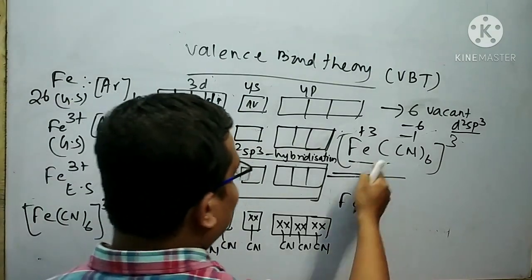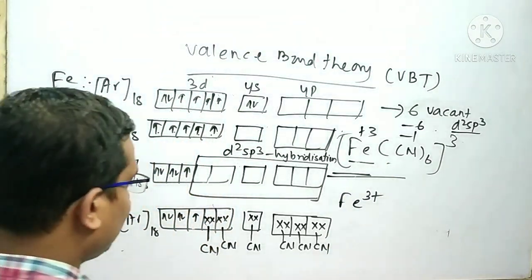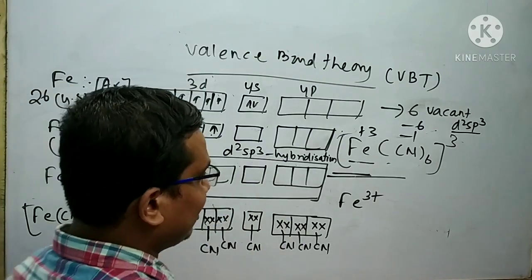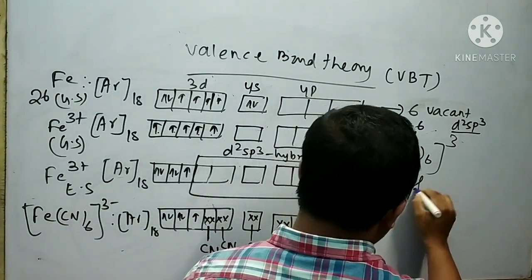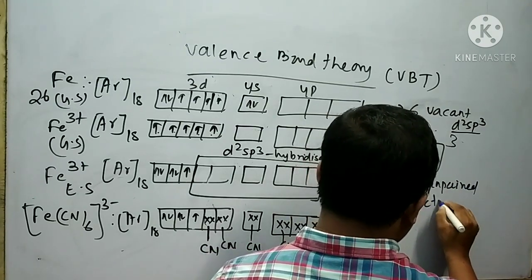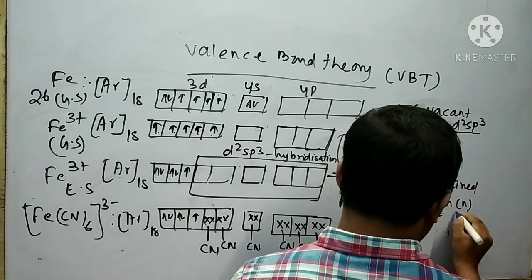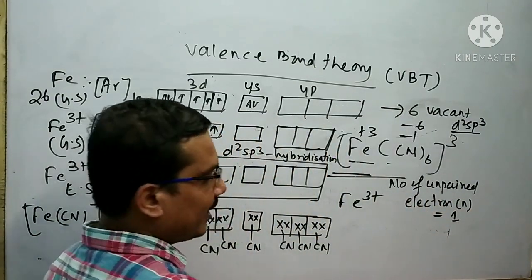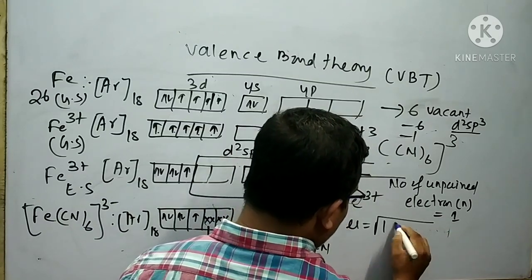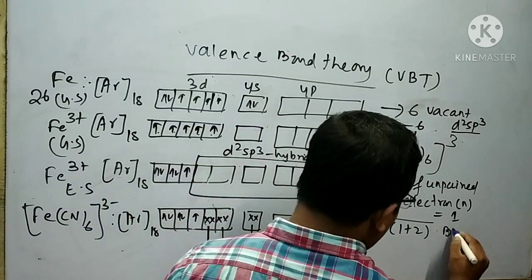Experimentally it is seen that this complex has 1 unpaired electron. Look at that, here 1 electron is present. From this it is clear that the number of unpaired electrons, that is called n, equals 1. So the magnetic moment mu is equal to root over of 1 into 1 plus 2 BM.